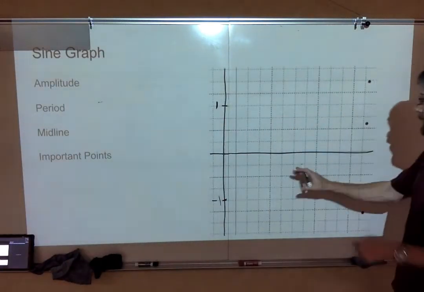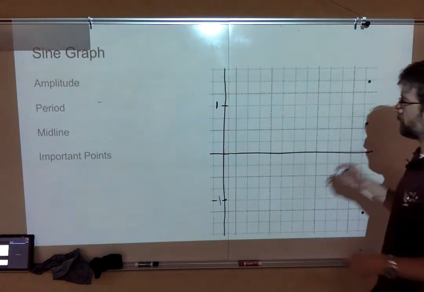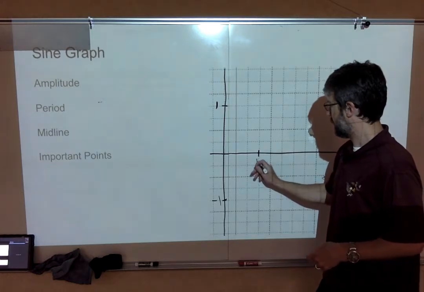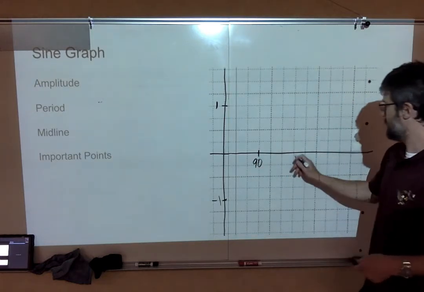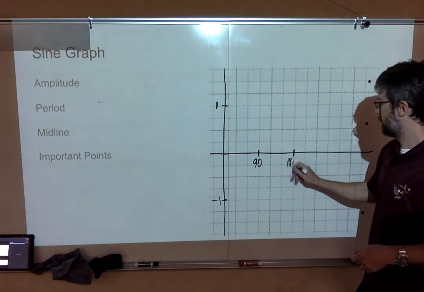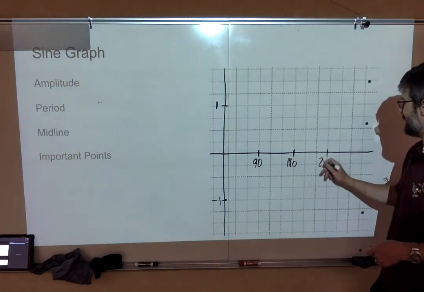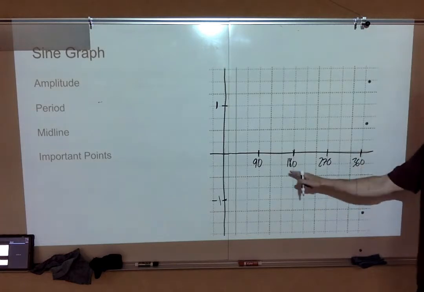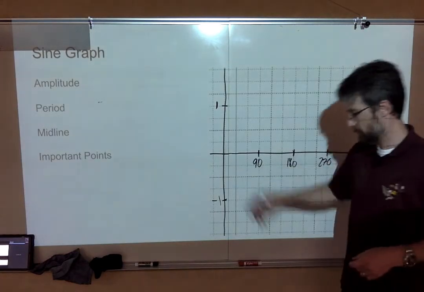Then we want to split it up nicely to get from 0 to 360. So we'll start at 0, and the easy points are counting by 90s. So 90, 180, 270, and 360, also 0.